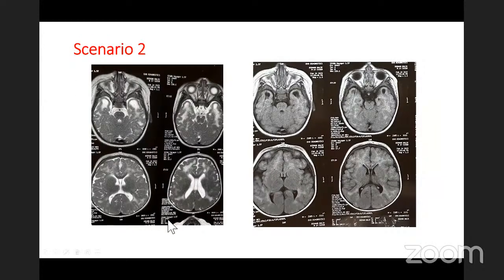Next, this is another scenario in which this is an MRI T2 axial section and a T2 FLAIR axial section, showing bilateral symmetrical periventricular hyperintensities, and those hyperintensities are forming anterior temporal cysts. This is the anterior temporal lobe, and you have cystic changes in it.